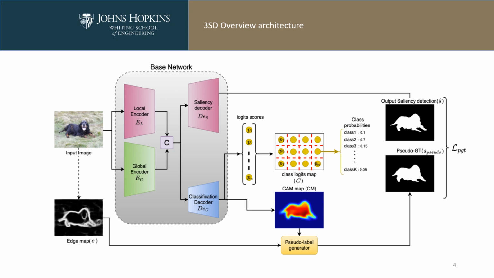The following figure shows an overview of our proposed method, where we can see the classification task is trained in a self-supervised manner, and we use this classification task to compute the class activation maps, which are further used to generate the pseudo labels to train the saliency object detection task.